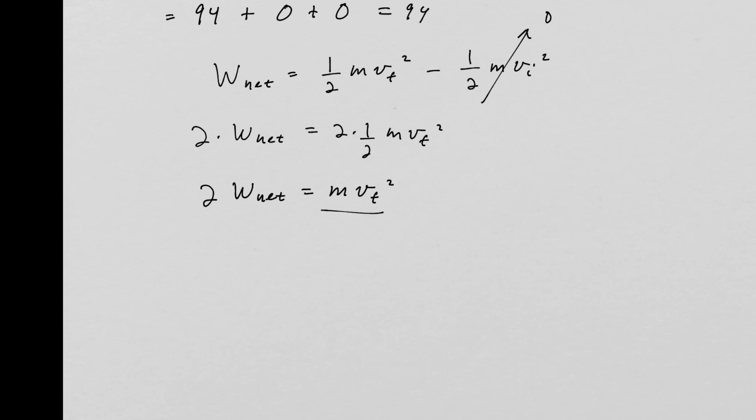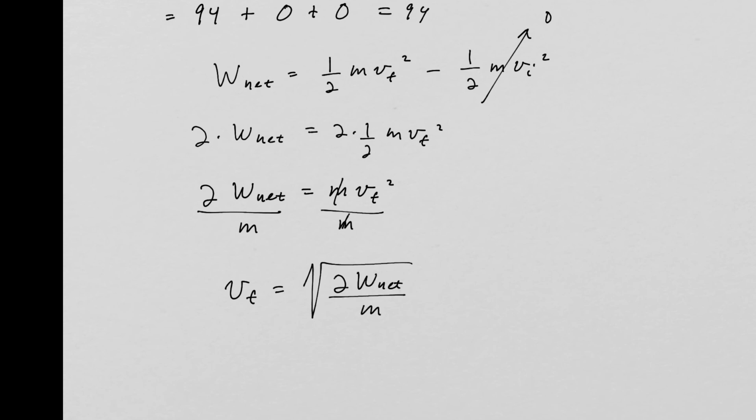Then I would divide by m, so the m's cancel. And then finally I need to take the square root of both sides. So you're going to end up with v final is the square root of 2 times the net work divided by m. Or if you want, at this point you could just plug in values. We know W net is 94, and m was 10 kilograms, and you could solve for v final. Same thing. I just decided to write it out algebraically.